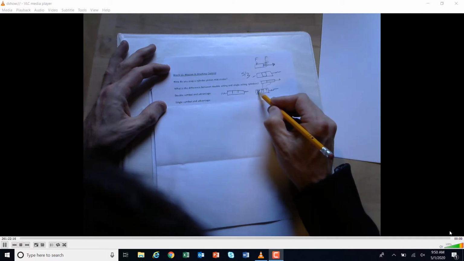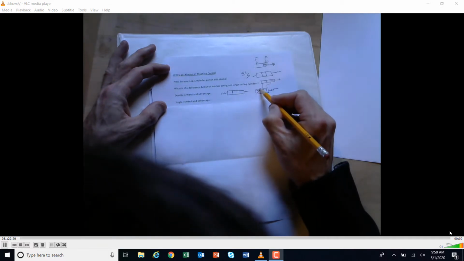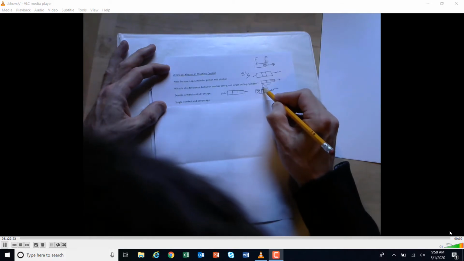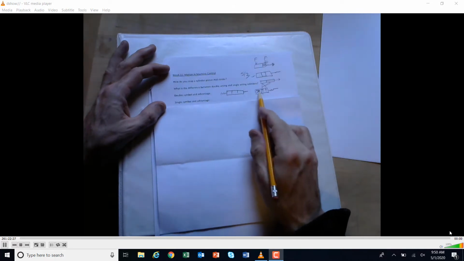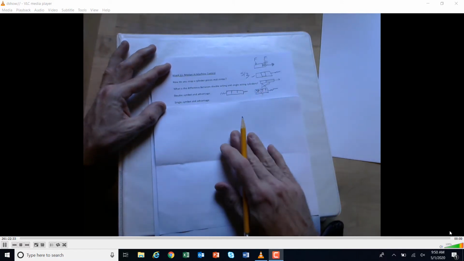But when it gets activated this way, you can tell that the air changes direction. So instead of going to the front here, this air would go to this side, and then this air would go to this side, and it would retract. So we went over how those 5-2, 4-2, 3-2, 5-3, 4-3, all those different valve designations worked.